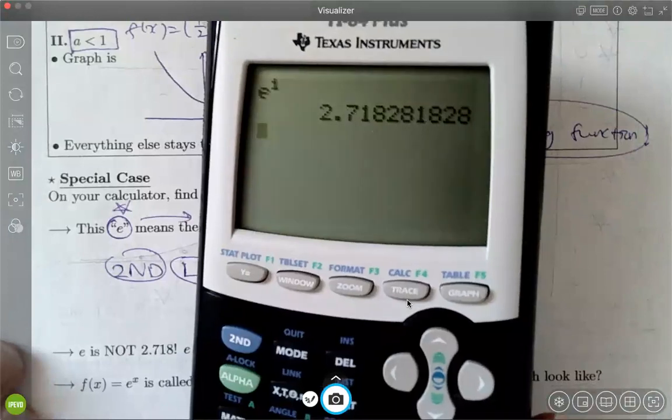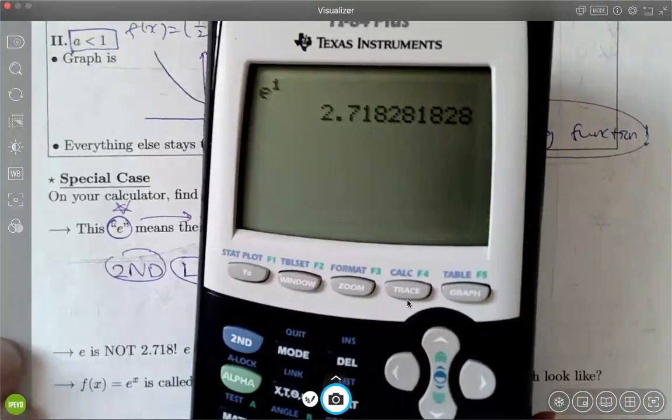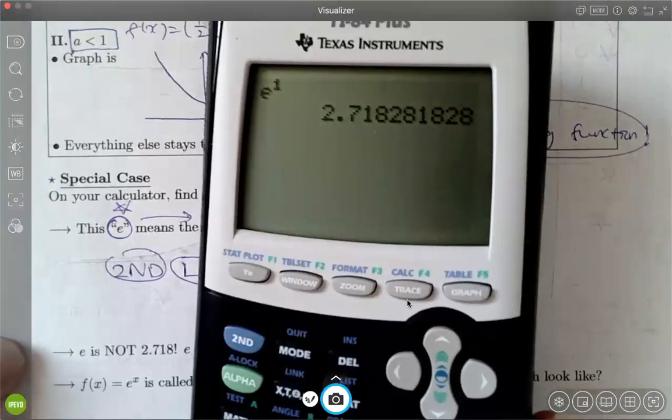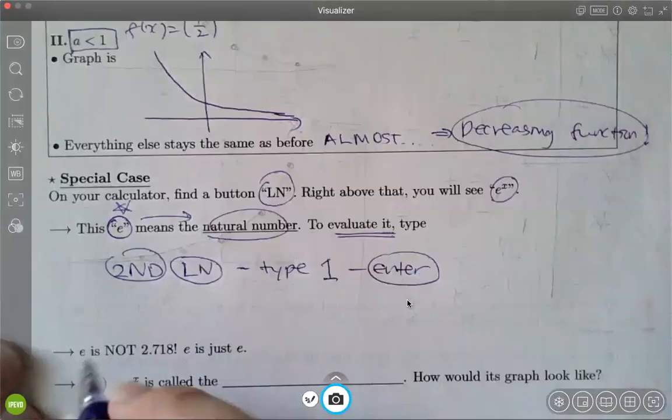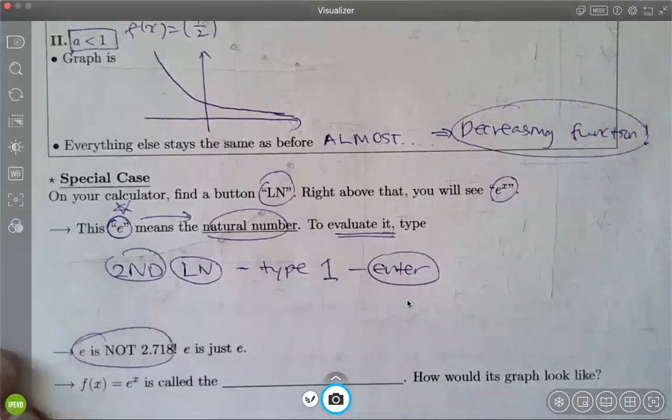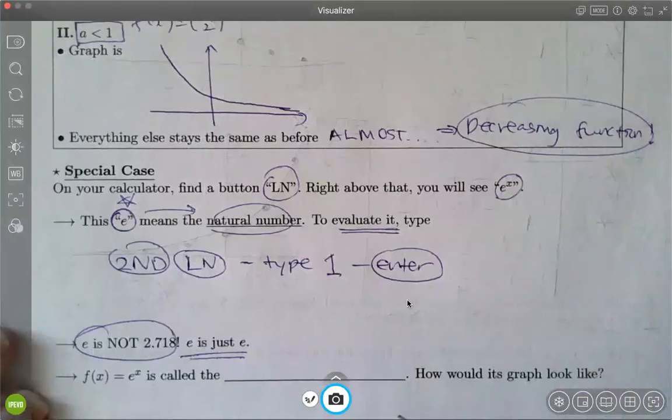The digits never end. So e is approximately equal to 2.718, but e is not equal to 2.718. E is just e. E is an unending decimal.